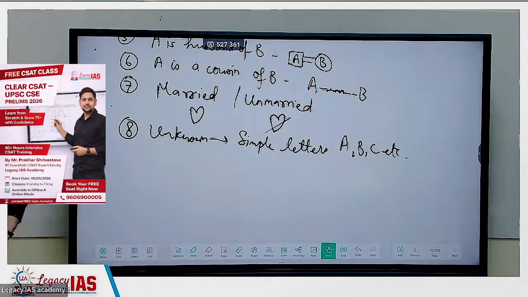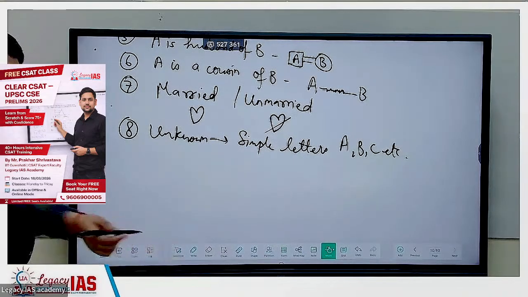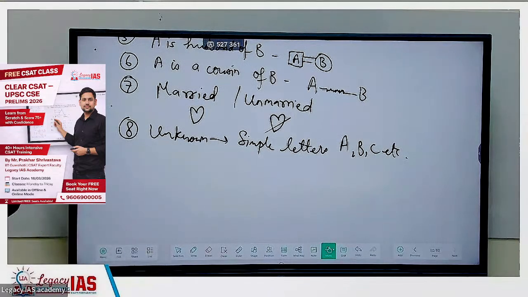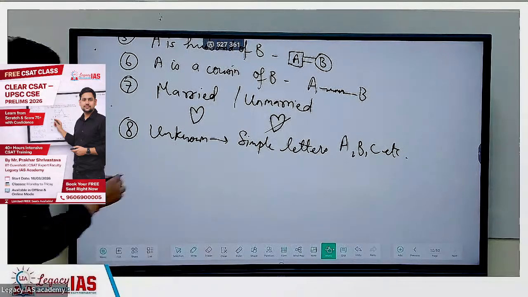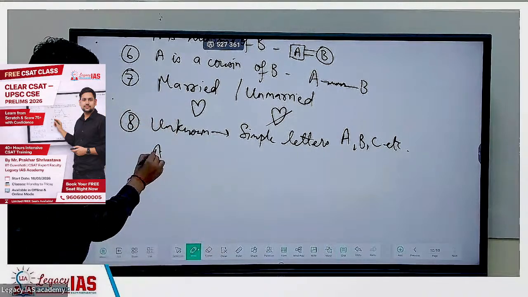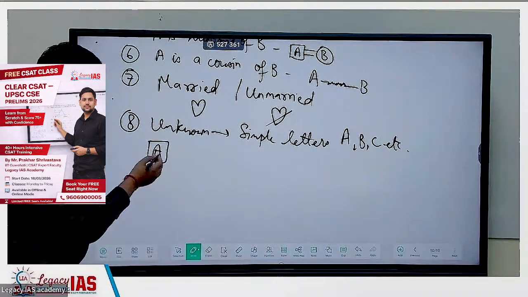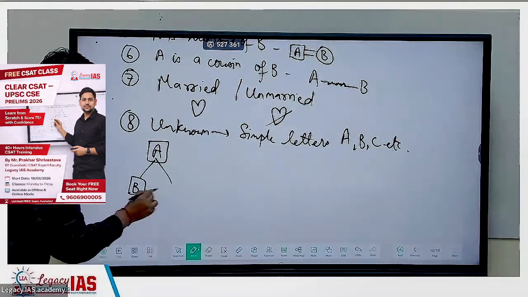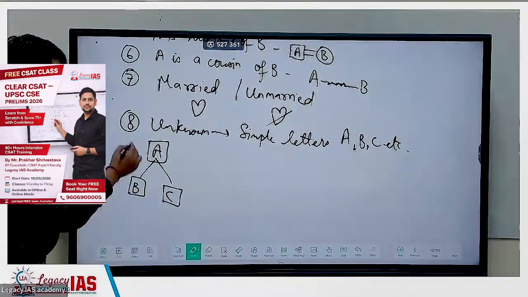Then one more thing: if I tell you that A has two sons, B and C, you won't draw like this. Let's say A is a male, a father, who has two sons, B and C. Please don't draw like this.